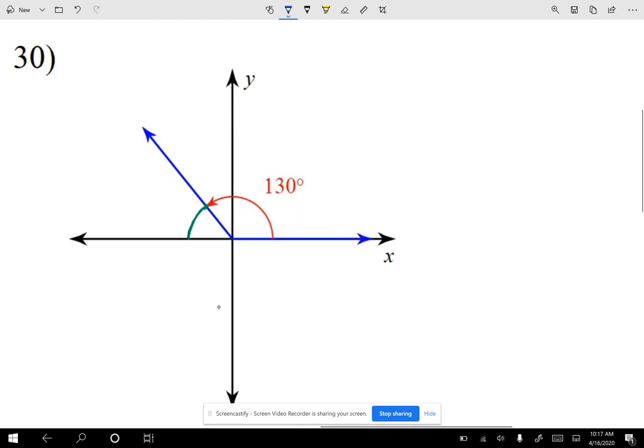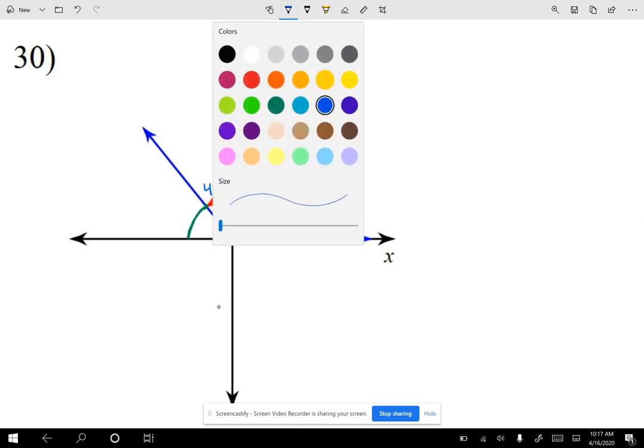Okay, let's take a look. I know this is 90. The whole angle was 130. Shouldn't I just say that this remaining part is 40? Remember, because the whole arc was 130. So that's 40.